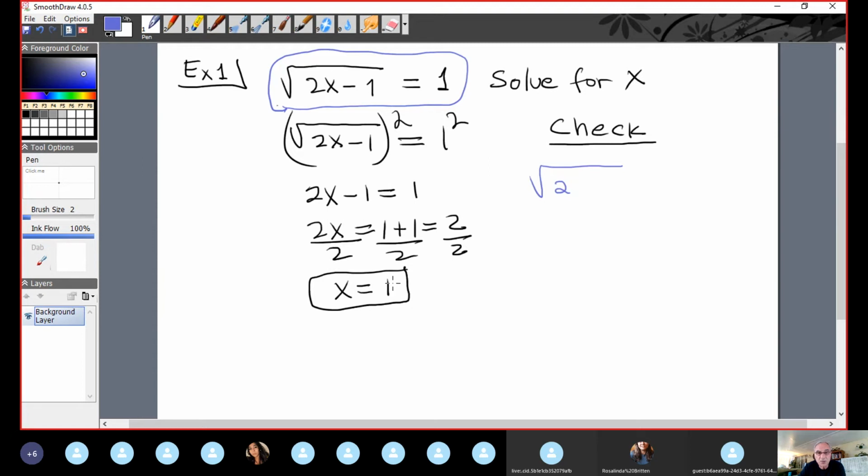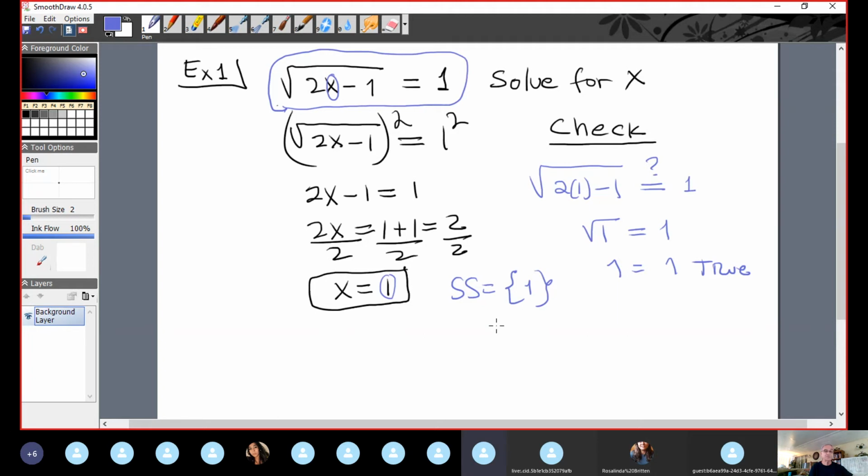You replace 1 here. 2 times 1, minus 1, should be, I claim, 1. 2 times 1 is 2. 2 minus 1 is 1, and the square root of 1 is equal to 1. This is true. Therefore, this solution 1 is good. The solution set of this radical equation is just 1. Any question?